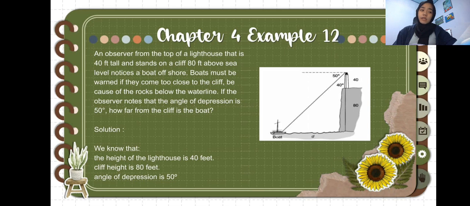If the observer notices that the angle of depression is 50 degrees, how far from the cliff is the boat?